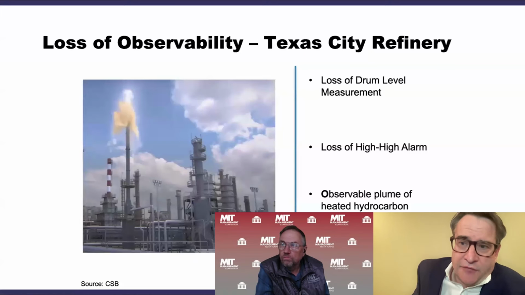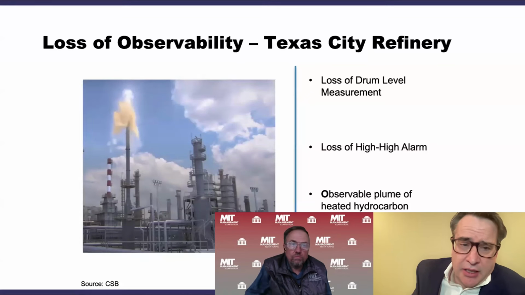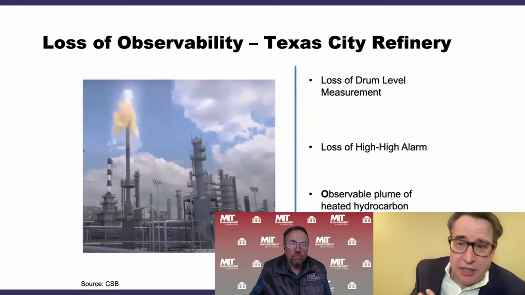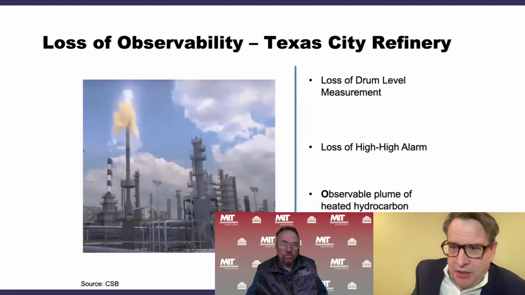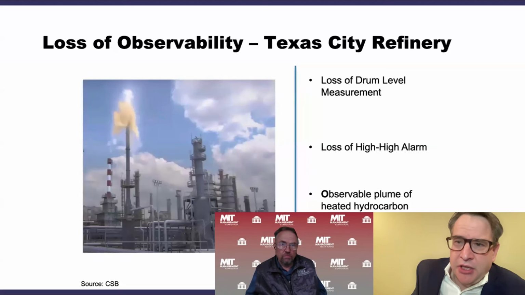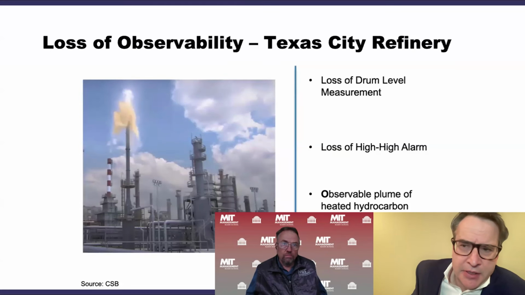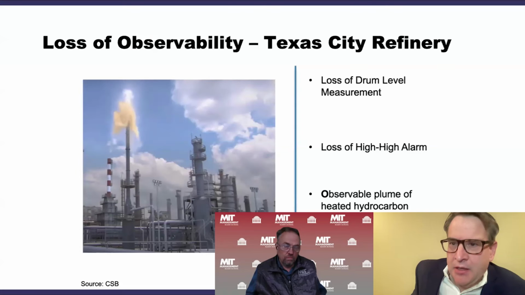And the unfortunate incident was in 2005 at the Texas City refinery in Texas City, Texas. They overflowed a distillation column. And as a chemical engineer and someone who's worked in refineries for at least 5 to 6 years, the one thing you never want to do is overflow a distillation column. So there are many ways to deal with that.